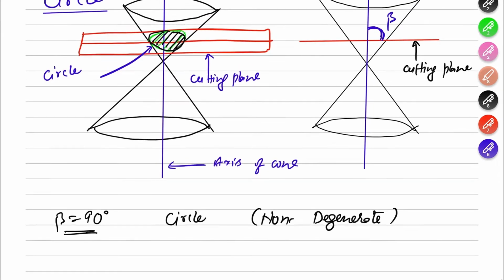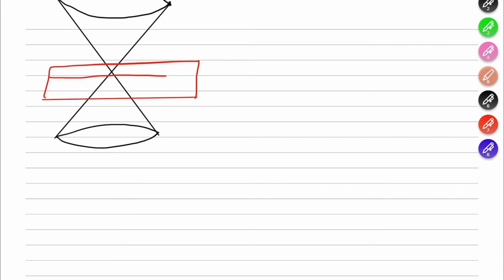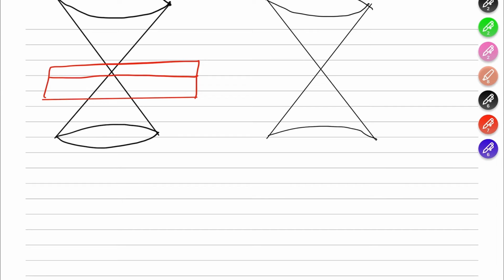Same thing, suppose this is a cone and our cutting plane is perpendicular to the axis of the cone, but it passes through the vertex of the cone.